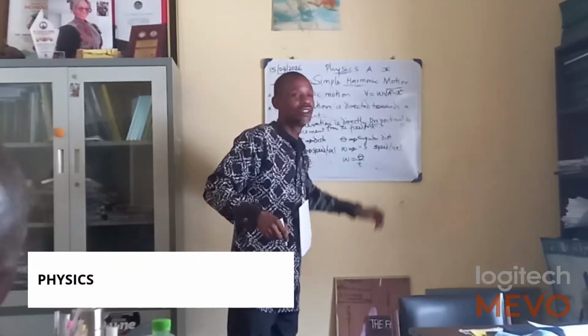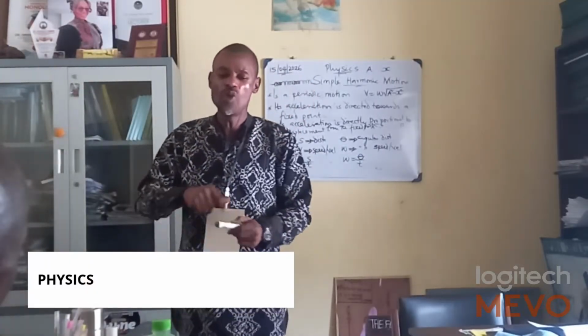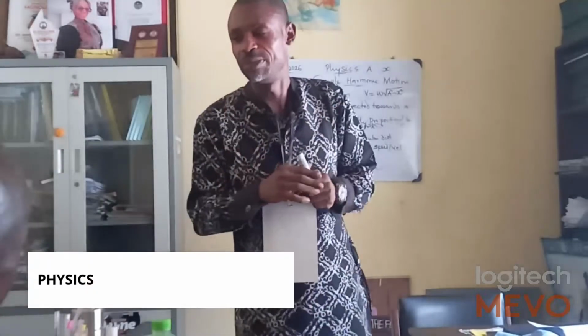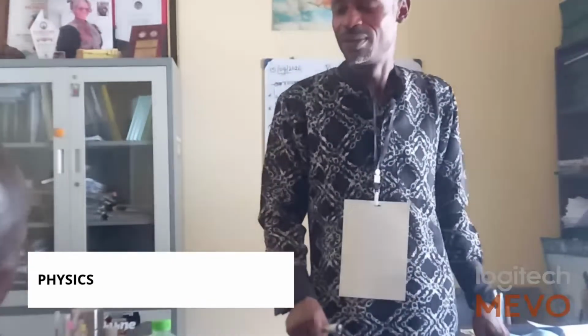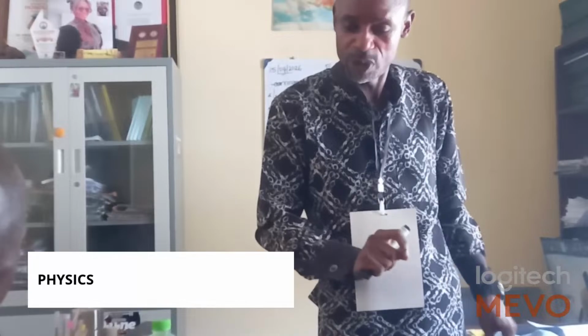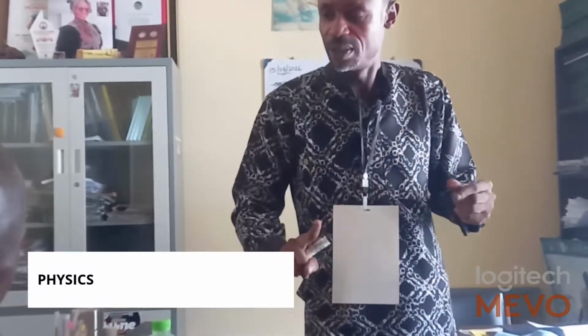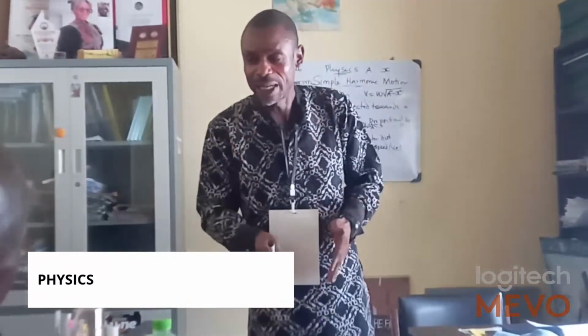And the time taken to move round once has a special name: the period. The time taken for every motion to complete one oscillation, one beat.